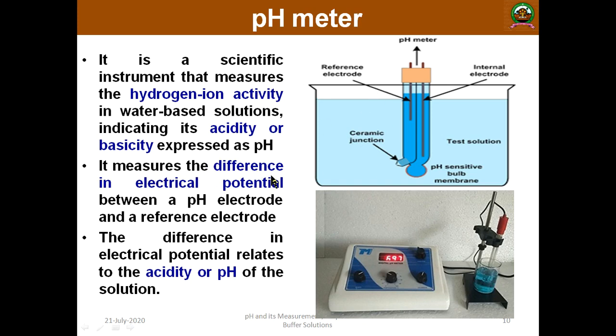It measures the difference in electric potential between the pH electrode and the reference electrode, and that difference in electric potential is related to the acidity or basicity, the pH, of the solution.